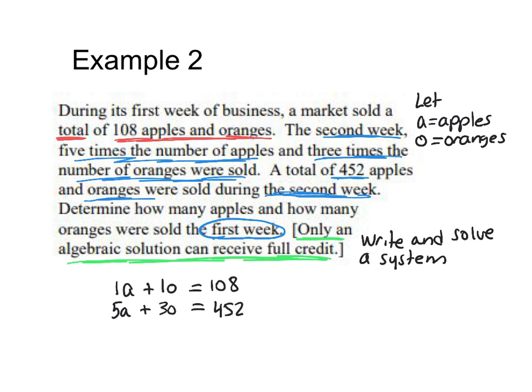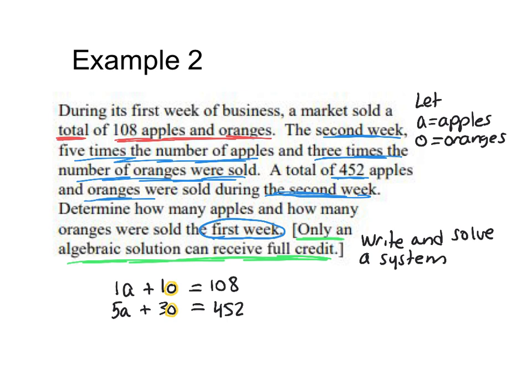And before we go any further, I'm actually going to change my variables. I don't know what's going on with the eraser. It's not working for me. So I guess I won't change my variables. So anyway, I'm going to try to solve this using elimination, and you can go ahead and do either. So you could cancel your A's or your O's. So just to make it clear, I'll put a little circle to remind myself that's an O, since I should not have used O as a variable.